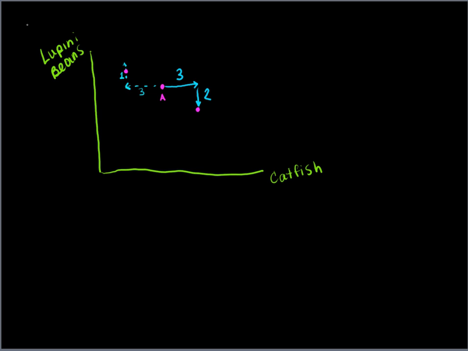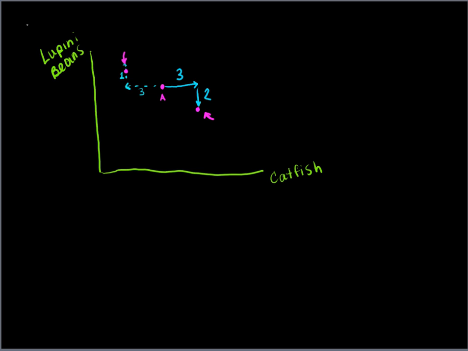Now we can take a step back and consider what's happening from this original point here, and what happens as we move to this point here. From this point, to gain 3, so let me do this in a different color.